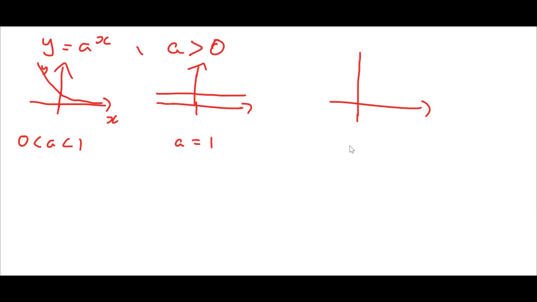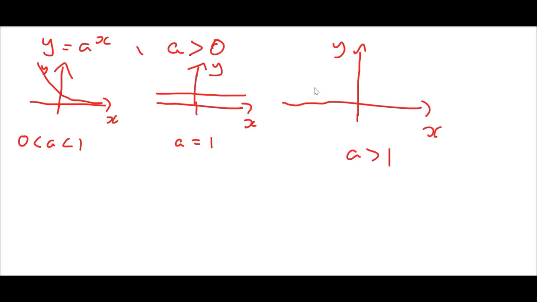Okay? And then the final case, on these xy planes still, is when we have a greater than 1. And this is just the opposite of this case here. So a is a positive number greater than 1.